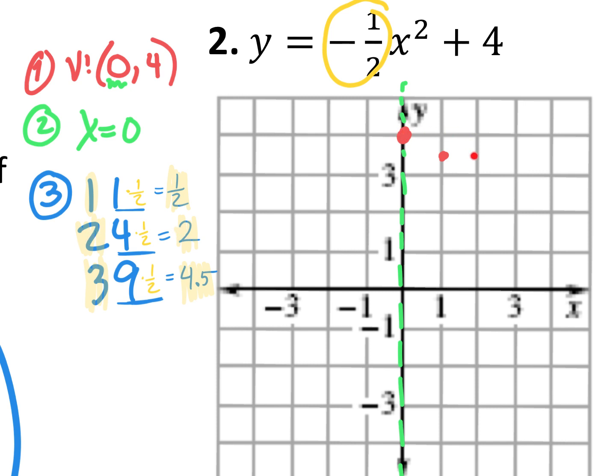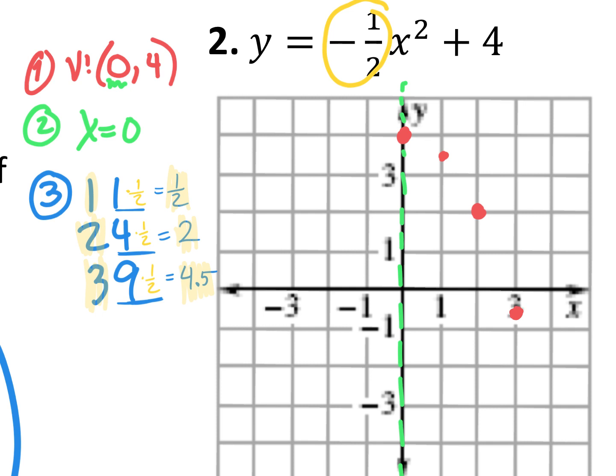So 2 over 2 down, put a dot right there. Why did it come out black? Sorry. And then go back to the vertex, and then 3 over 4.5 down. 1, 2, 3, 4.5, halfway down. So that'd be right there. Let's put that dot right there, halfway.